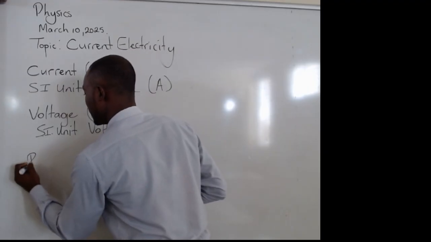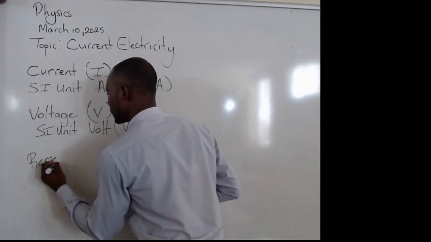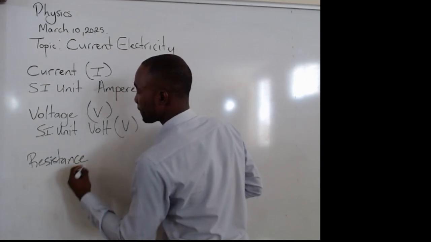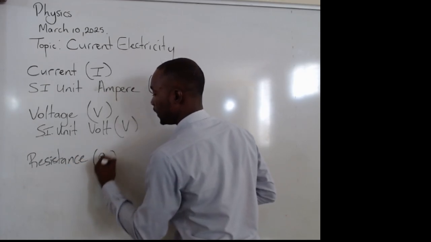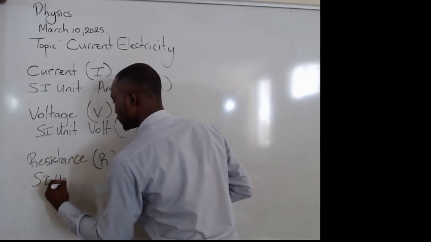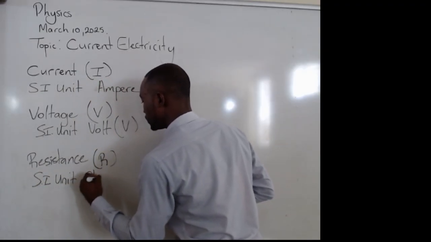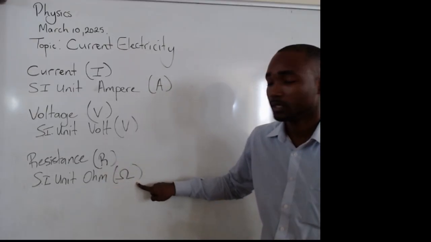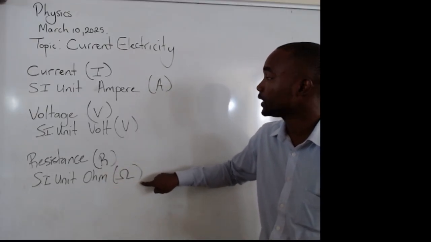And we have resistance, R, SI unit, ohm, and the symbol for the unit is omega, it's a Greek letter.